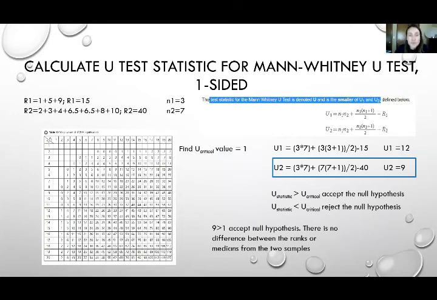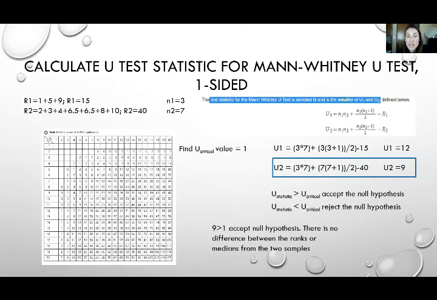And so now what we need to do is create our test statistic for the Mann-Whitney U test. And that's denoted as U, and it's the smaller of the U calculated for group 1 and the U calculated for group 2. And so you can see here are the equations to make those calculations.